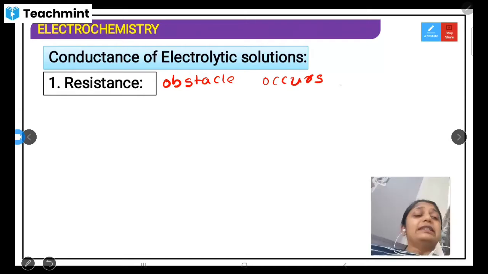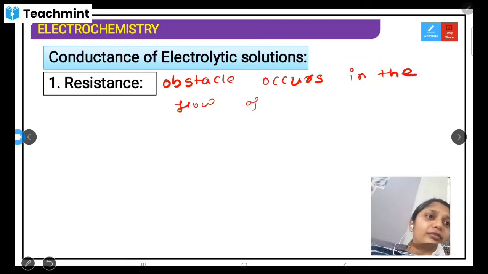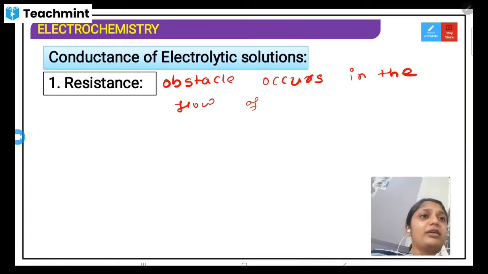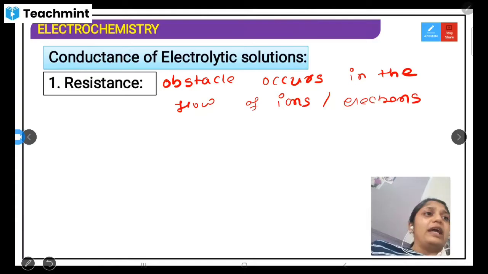So its exact definition is obstacle occurs in the flow of ions, because ions carry electric current here. So obstacle occurs in the flow of ions, or you can say electrons, right? This is known as resistance. Students, can you tell me resistance is denoted by which symbol?